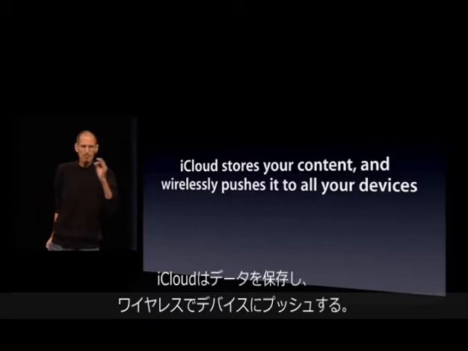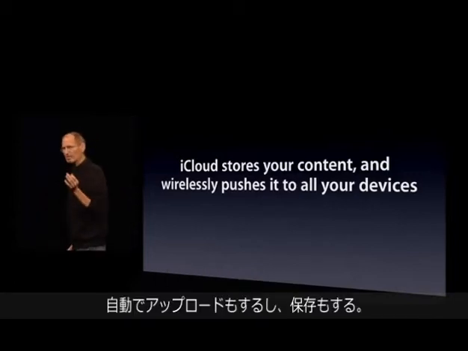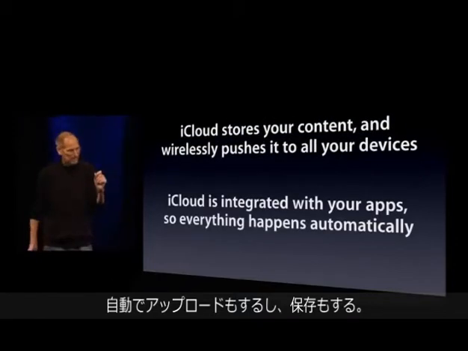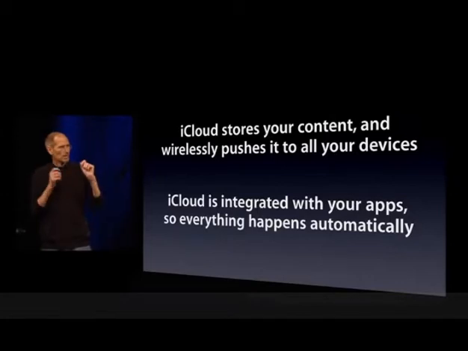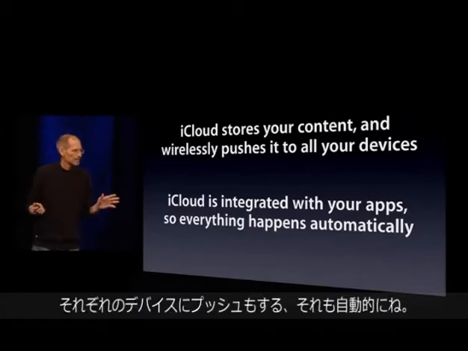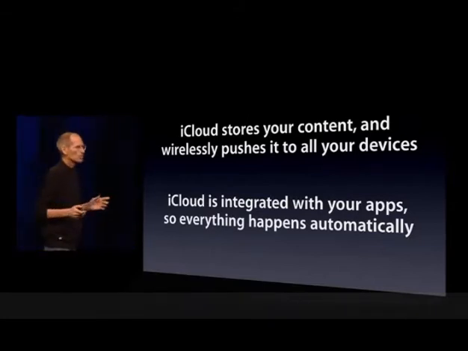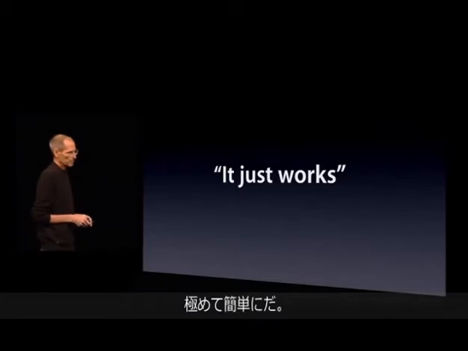So it automatically uploads it, stores it, and automatically pushes it to all your other devices. But also, it's completely integrated with your apps. And so everything happens automatically, and there's nothing new to learn. It just all works. It just works.